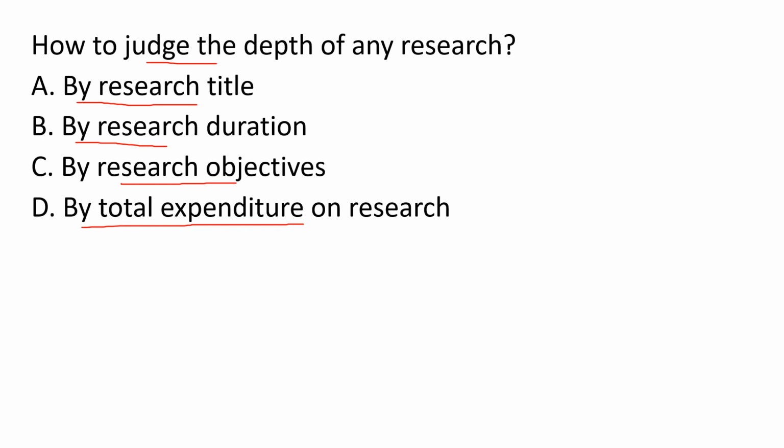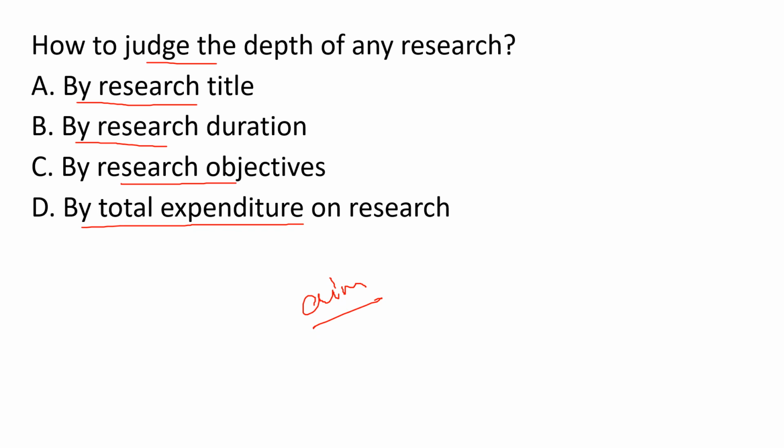By research objective, we can judge the depth of any research. The research objective, or the main aim, demonstrates what we are trying to achieve through the research. Okay, it's an aim. So if you want to find out the depth of any research, then you have to just go through the objective.